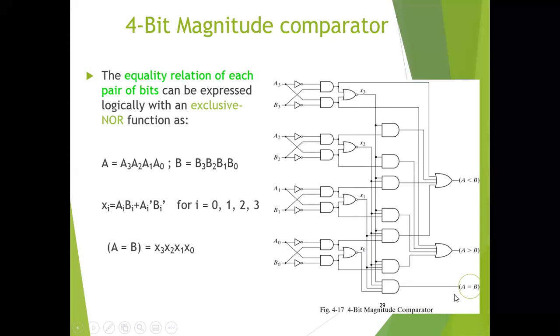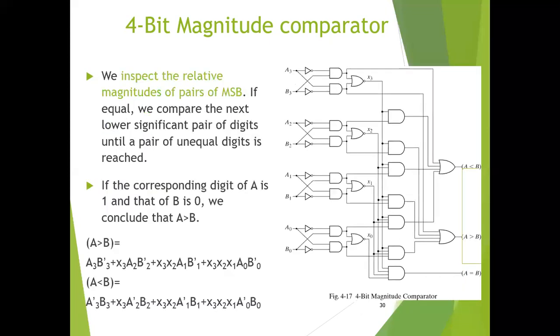For the next step, if the two numbers are not equal, then we have to determine whether A is greater than B or A is less than B. To determine this, we have to inspect the relative magnitude of pairs of the most significant bits.